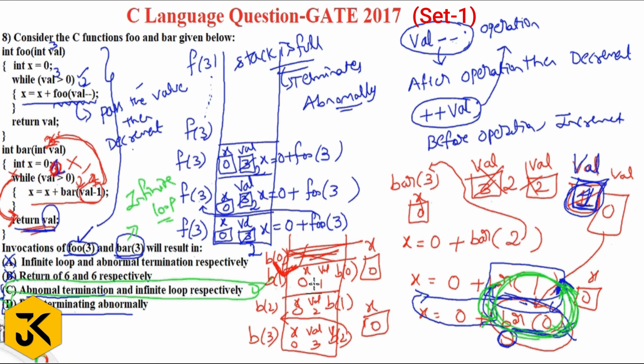When bar of 1 is executing, x value is 0, value is 1. So it is going to check 1 greater than 0. Yes, 1 greater than 0. Then x equal to x plus 0 plus bar of 1 minus 1, that is 0. Once again it is going to call 1 minus 1. Once again it is called. So like this the process will continue. Because of this loop, it is going to make an infinite loop.